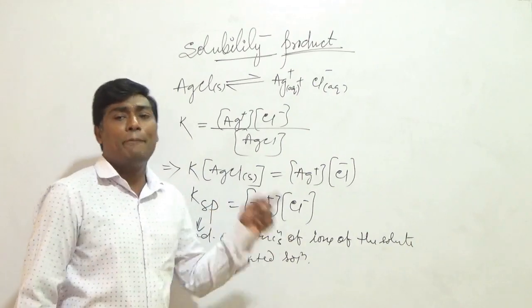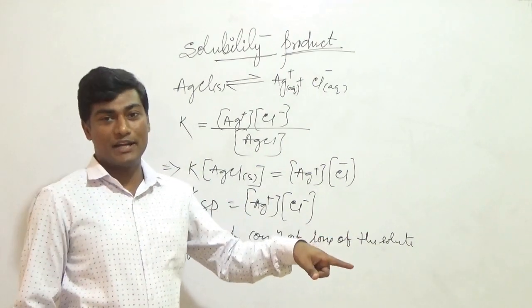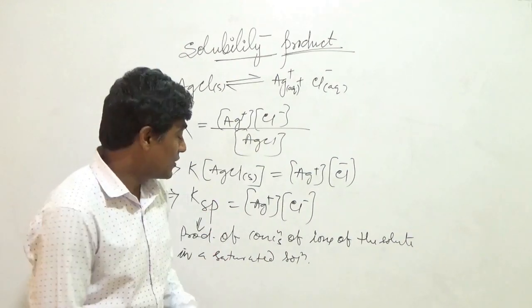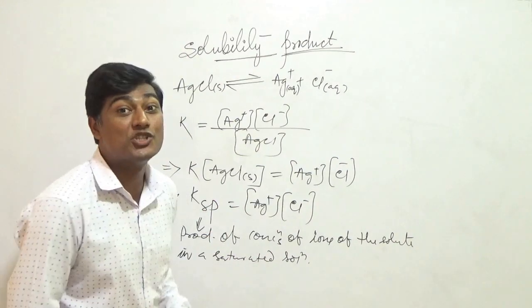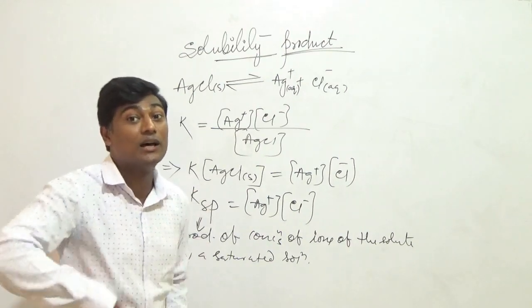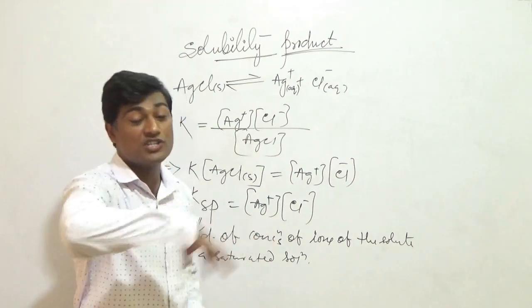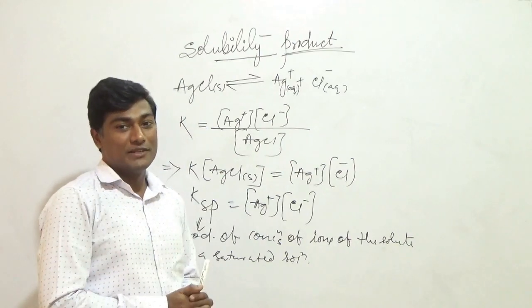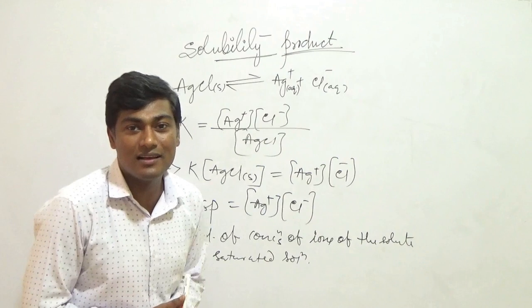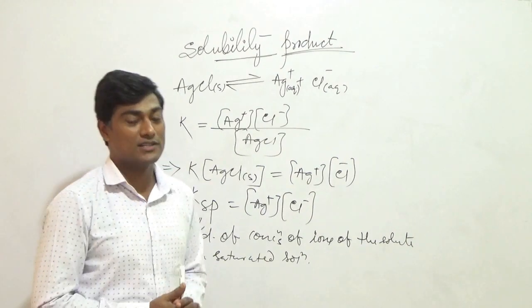This equation applies to strong electrolytes also, provided the solution is saturated. Even in the case of sodium chloride, when it is a saturated solution, there can be a solubility product, equal to the product of the Na plus concentration and the Cl minus concentration.